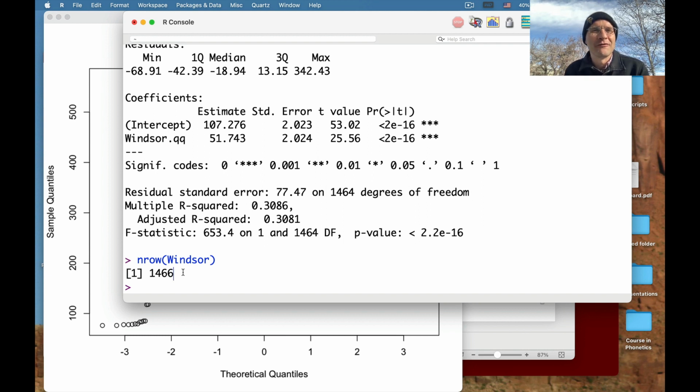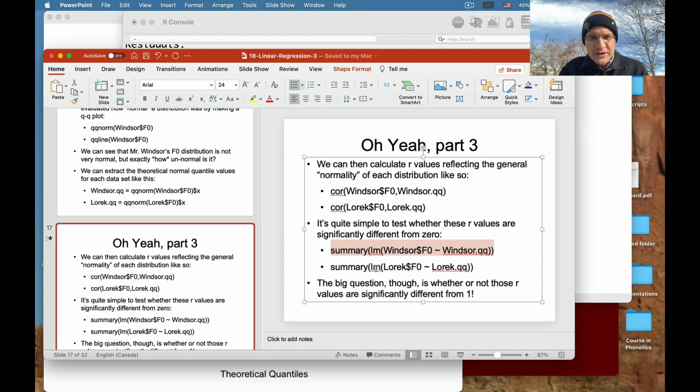So it's not super informative to say this is different from 0. There is some sort of connection here that we might be expecting, some sort of normality there, but is it really a normal distribution? To answer that, we want to ask whether these R values are significantly different from 1, kind of looking at it the opposite way.